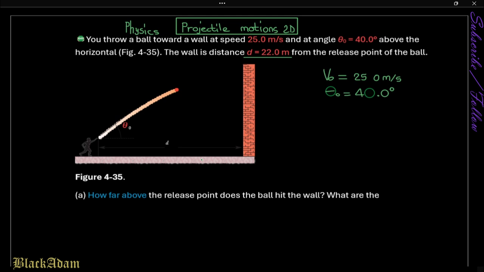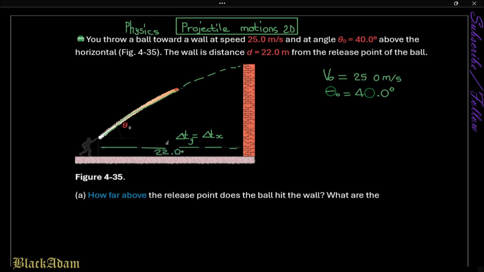Then we have the range, which is the horizontal distance the ball traveled, so that's changing. The time it takes for the vertical motion is also the time it takes for the horizontal.